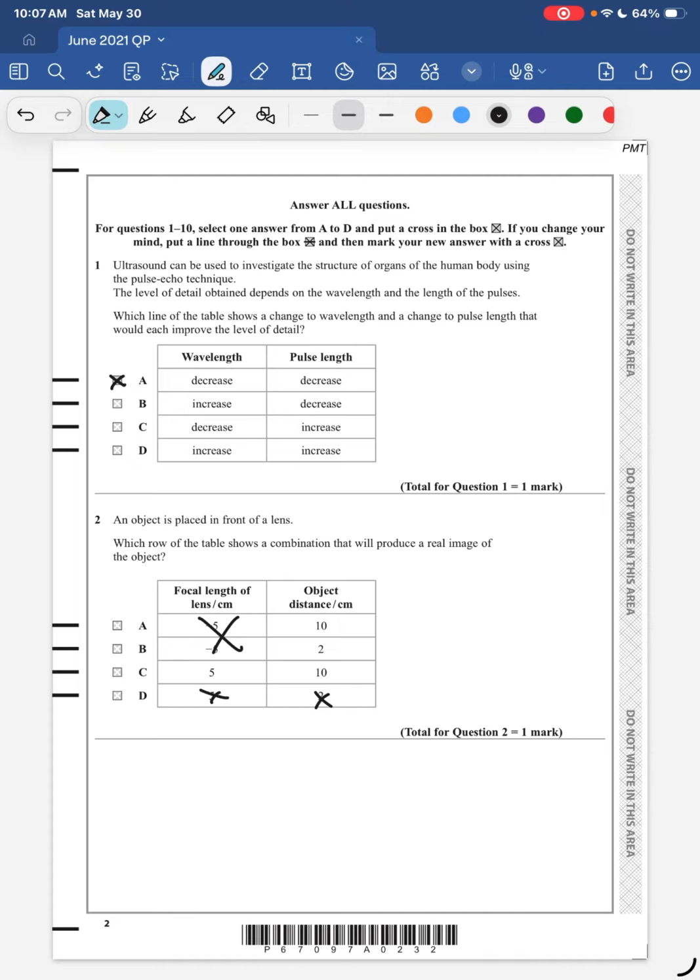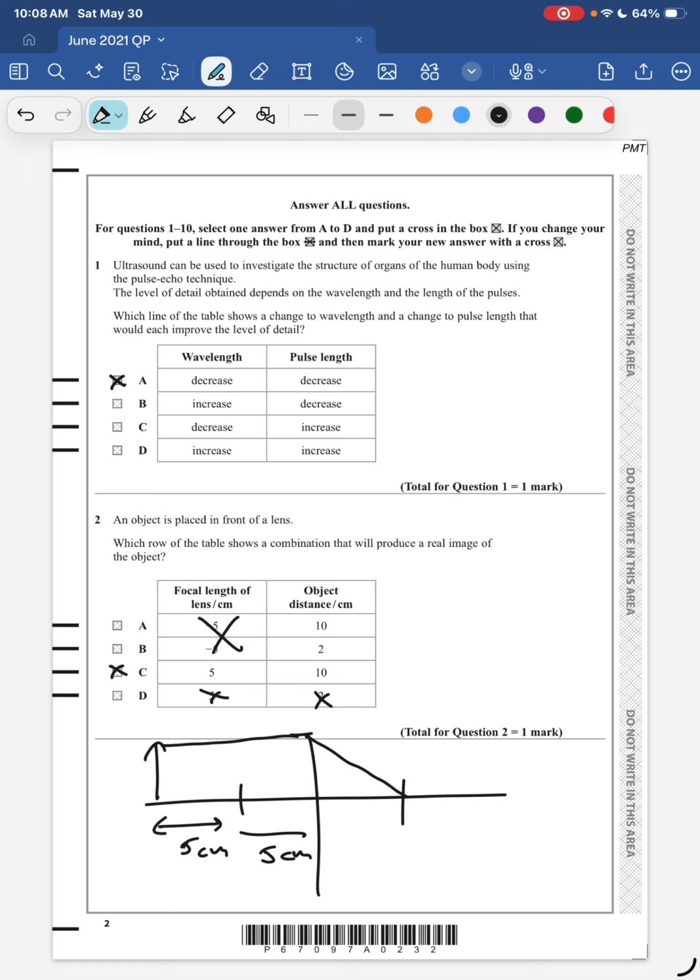So that's wrong. The only correct option is C, because we have the converging lens with a focal length of 5 centimeters, and if we put the object farther away, at another 5 centimeters for a total of 10, then we can immediately see that we get a real image.